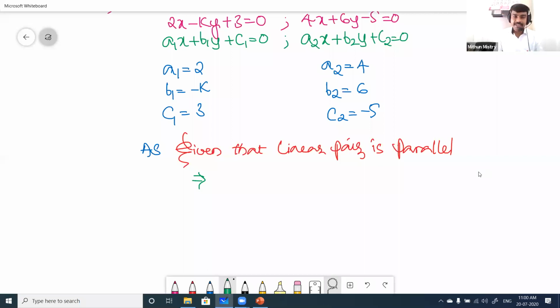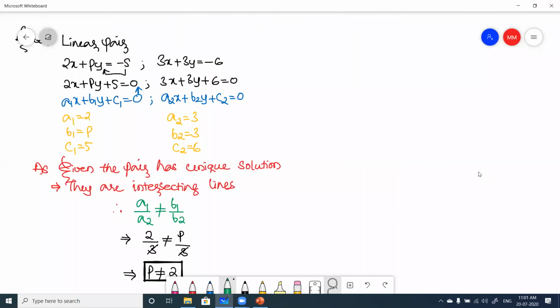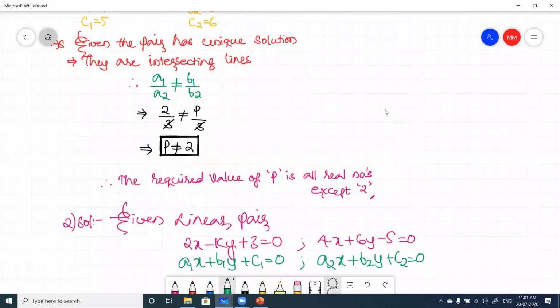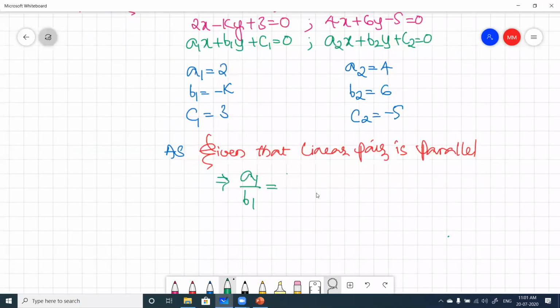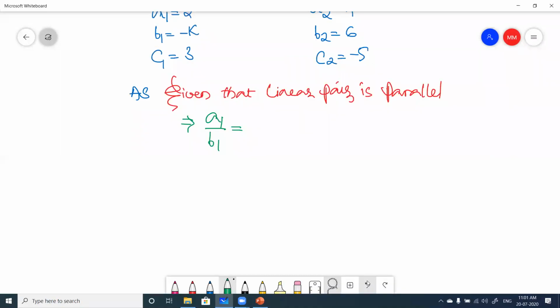I'm talking about the coefficients. A1 by A2 is equal to B1 by B2 is not equal to C1 by C2.